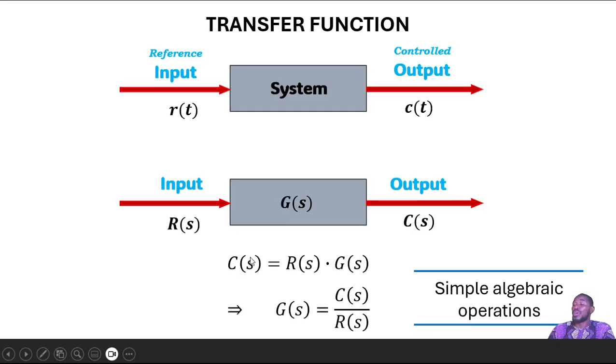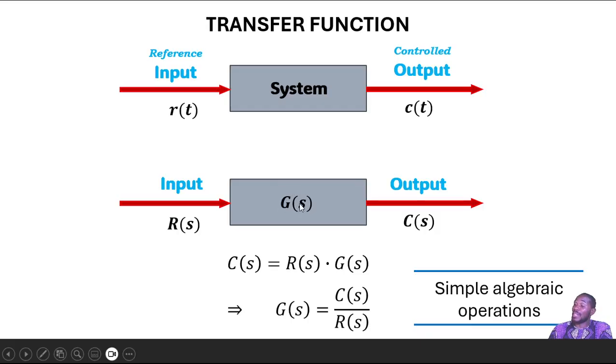So this means when you look at this, the simple algebraic operation here, now that it is in the S domain, is that your input signal, the reference input signal R of S, multiplies your transfer function, G of S. I was trying to avoid that, but G of S is actually your transfer function.